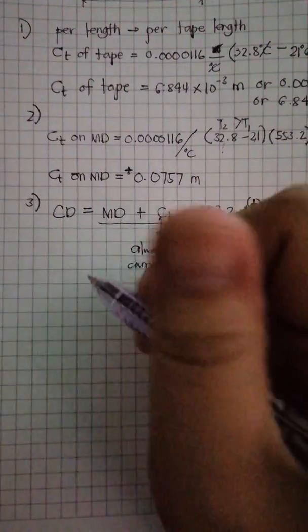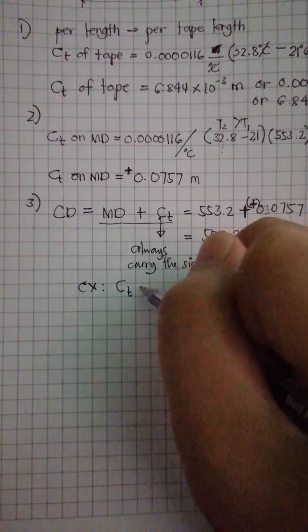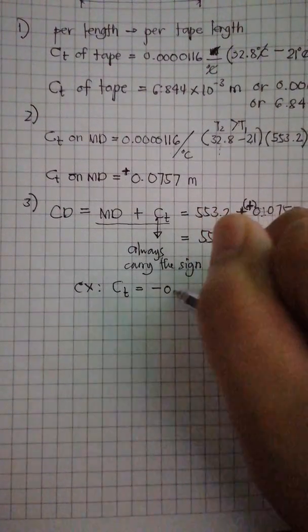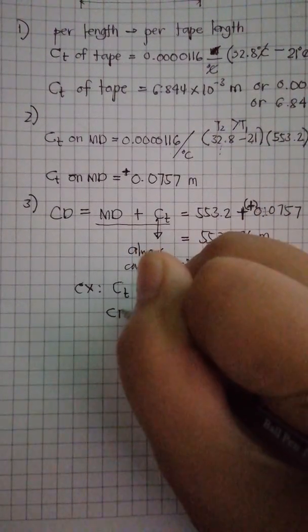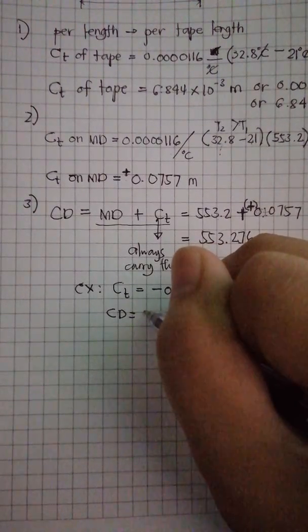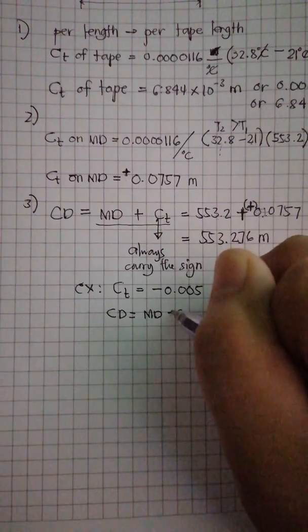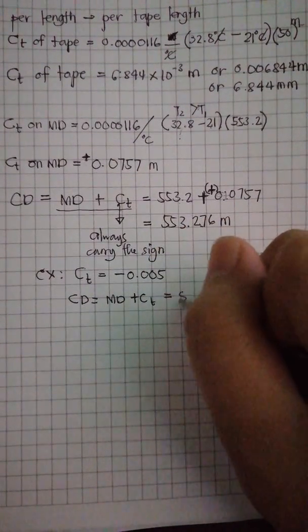Okay? So, example lang, different ito. If CT is computed to be negative 0.005, so the correct distance is, let's say the measured distance is, okay, measured plus CT. So, let's say the measured distance is 88.